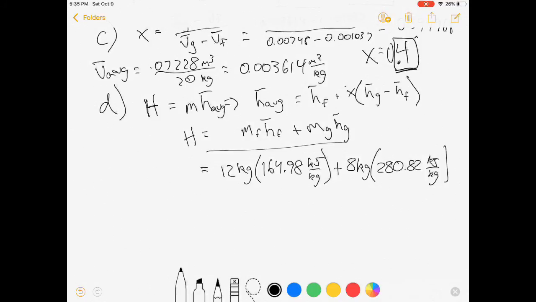That's equal to 4226.32 kilojoules, which is equal to 4.23 megajoules.